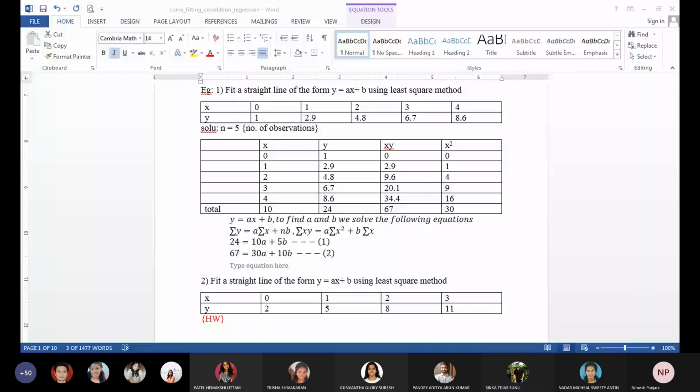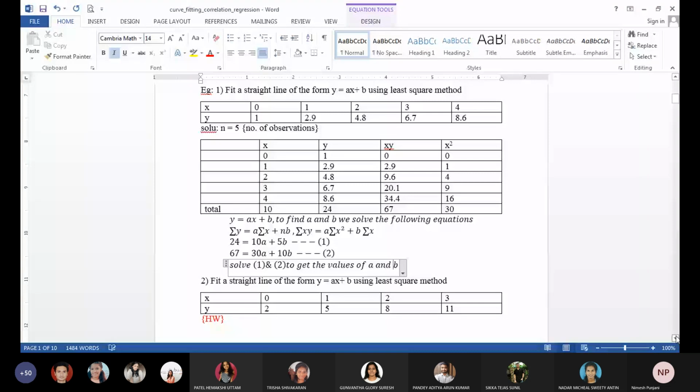Yes, sir. Now we solve these two equations simultaneously to get the values of a and b.